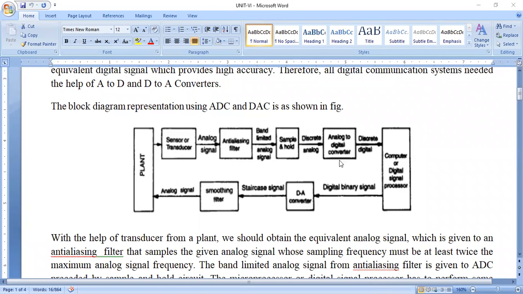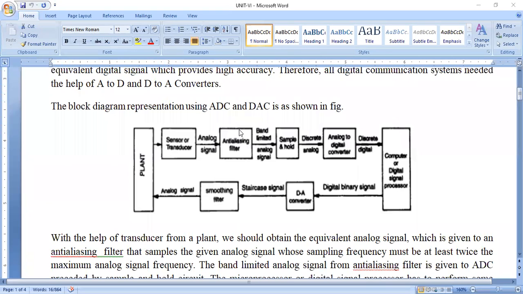First, the analog signal from the transducer is band limited by an anti-aliasing filter. So the signal obtained from the transducer is band limited with this particular filter. The signal is then sampled at a frequency rate more than twice the maximum frequency of the band limited signal.